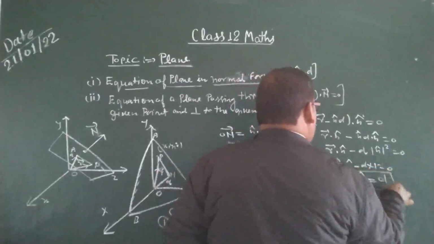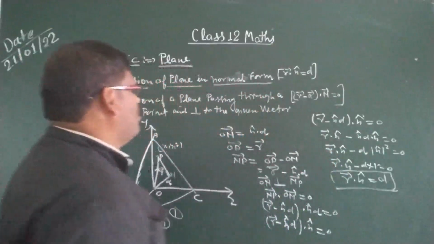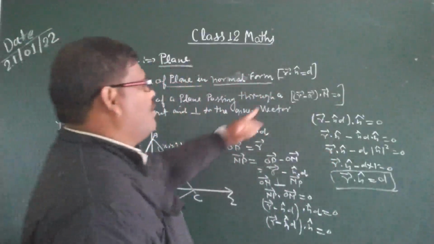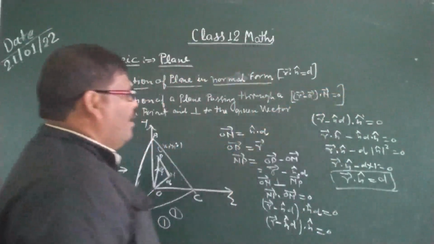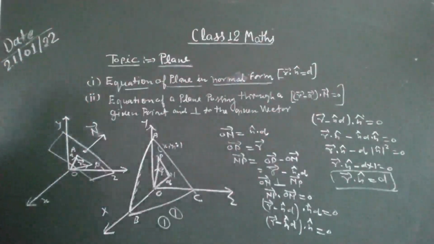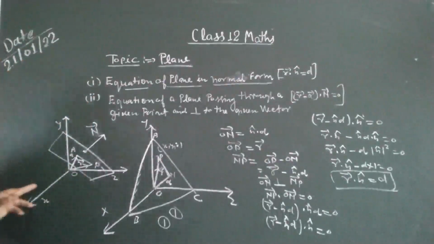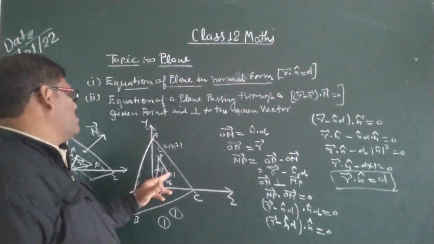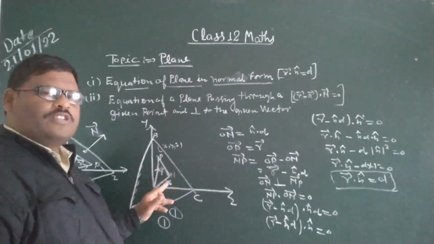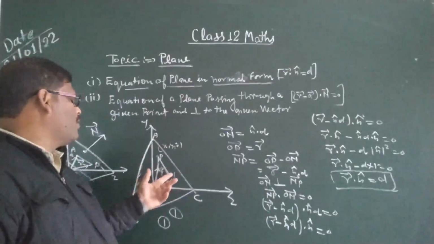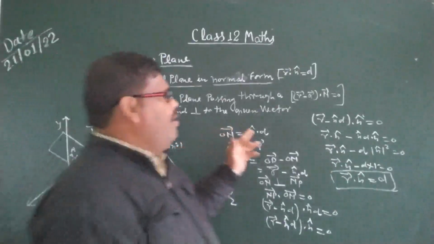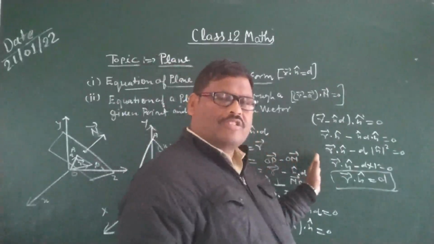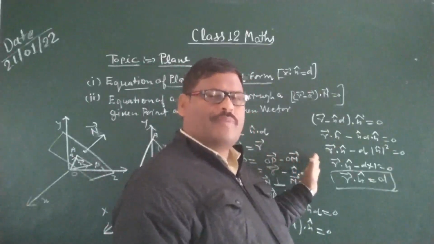That is the required equation of the plane in the normal form, that is r dot n cap is equal to d, where n cap is the unit vector corresponding to the vector ON, that is the direction perpendicular to the given plane, and ON is equal to the modulus of ON, that is small d.